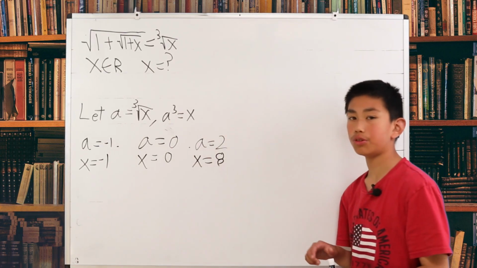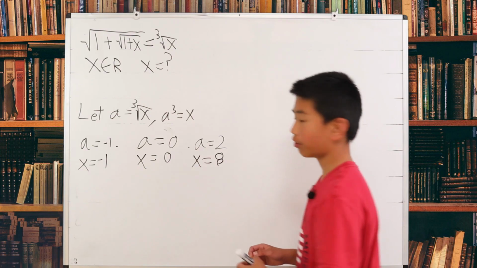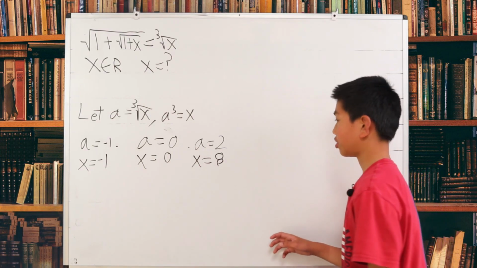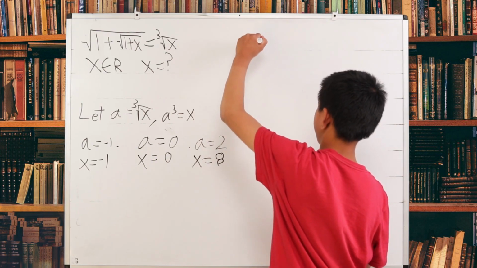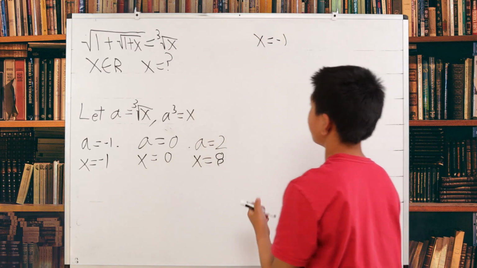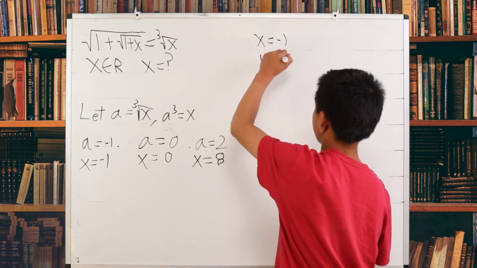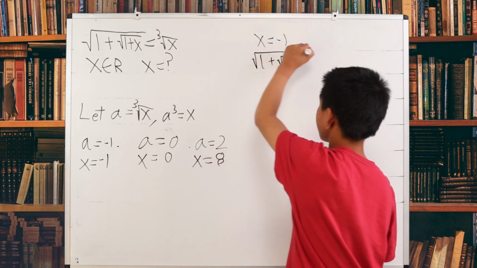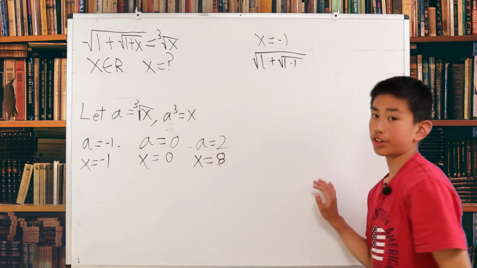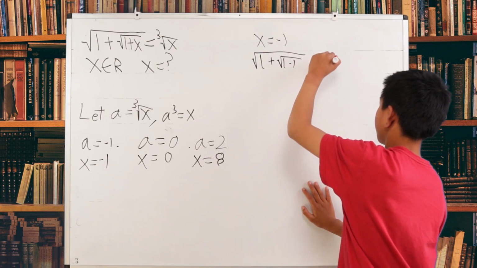Now all we have to do is plug these 3 values of x into the original equation to see if they're correct. Let's start with x is equal to -1. So let's just plug it in. The square root of 1 plus the square root of 1 minus 1. This is just 0, so the square root of 1 plus 0 is the square root of 1.